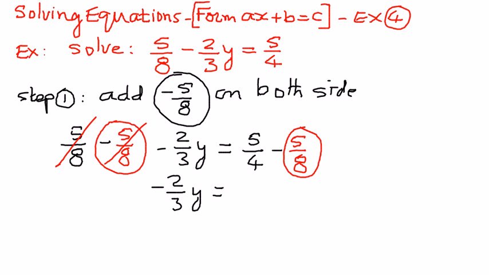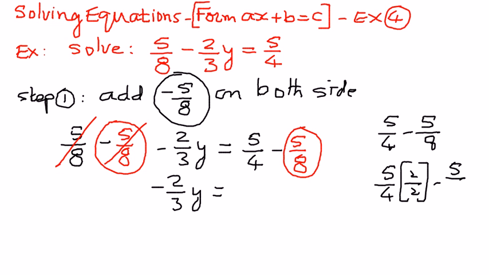It is equal to, we need to simplify these fractions. This is 5 over 4 minus 5 over 8, and the common denominator we could have is 8. So the first fraction we will multiply and divide by 2, and that will make it a common denominator of 8.